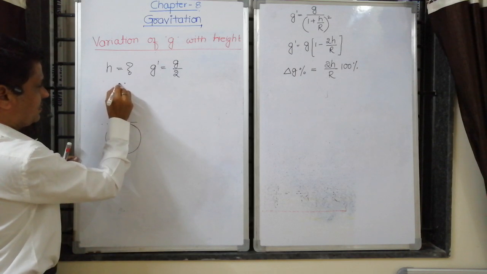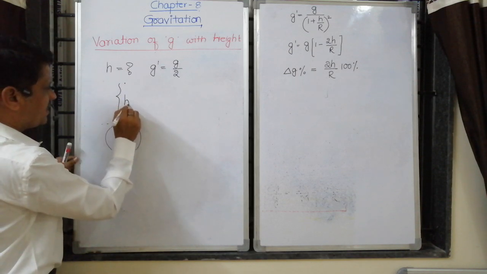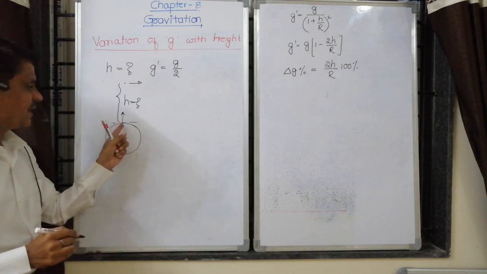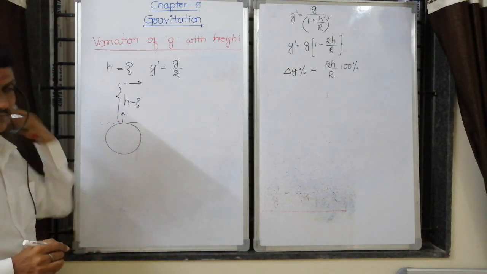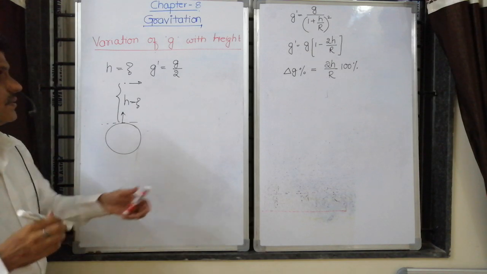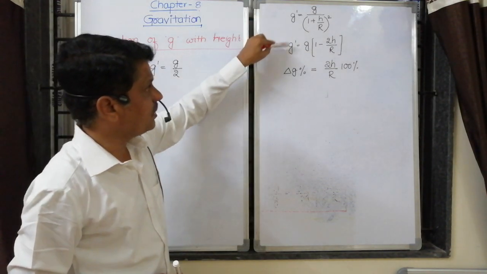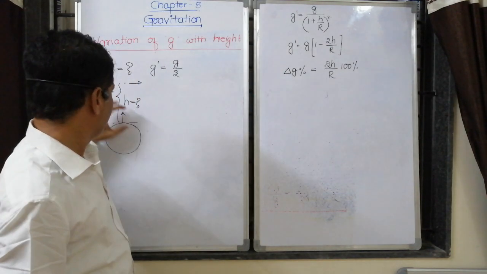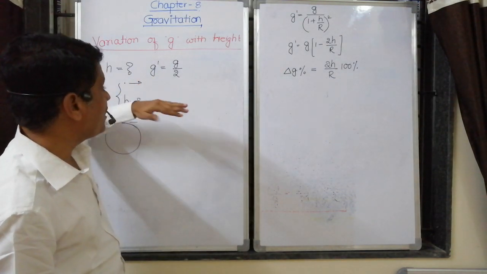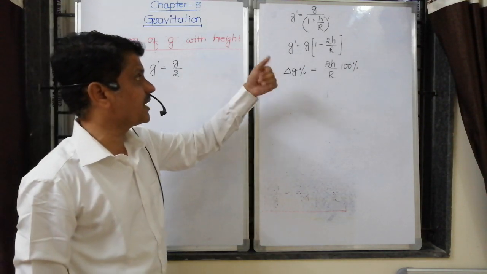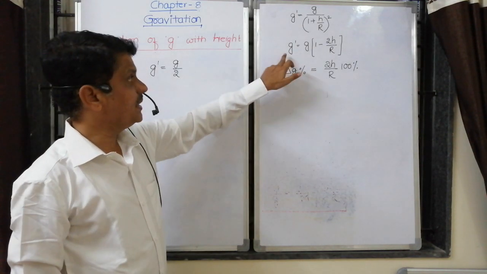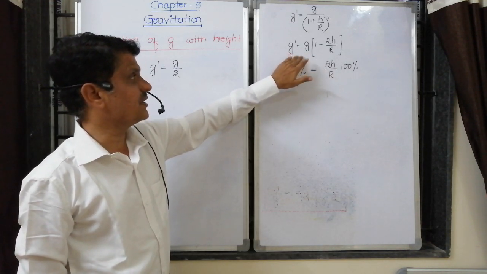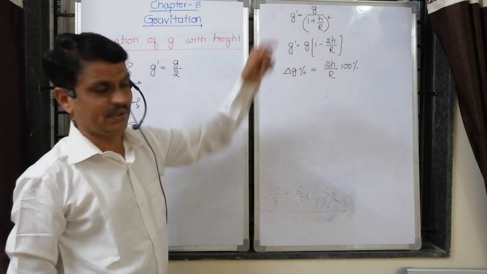Then the question is, at what height h is g half of the value of g at the surface of the earth? Now the question arises whether we have to use the first formula or the second. As I told, see here, g becomes half means g is decreasing by 50%. 50% means a large change in g. Therefore, we cannot use this. We have to go for this only.